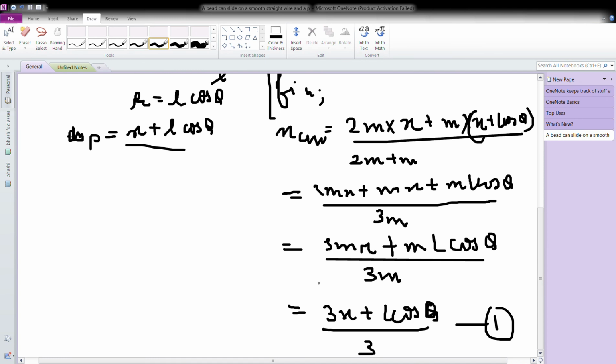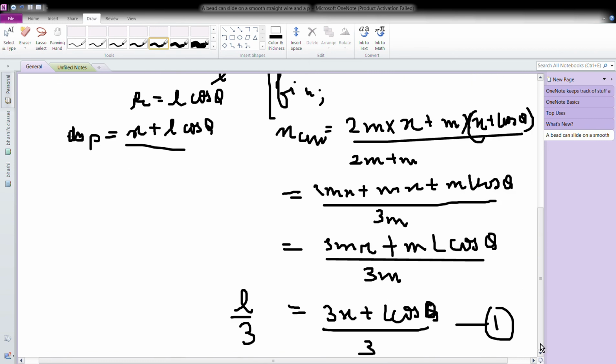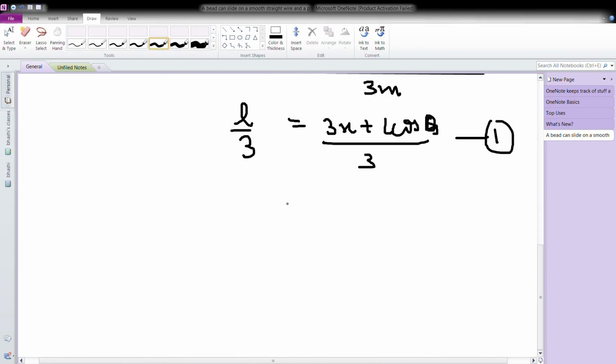So equating 1 and 2, we get this whole expression equal to L by 3, which we solved earlier. Let's solve it out, and if we solve this, we'll get our x, which is required by our question. So this 3 by 3 will get cancelled out and we will have L minus L cos theta.